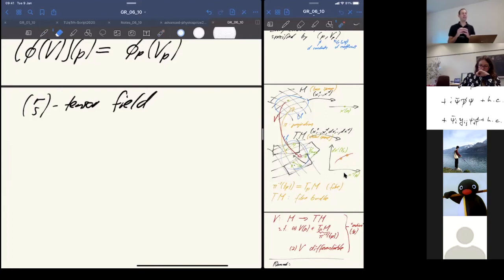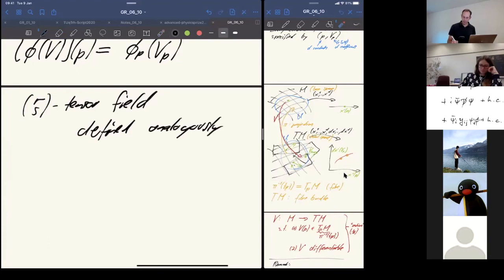Now a tensor field is intuitively just a tensor at any point in the manifold. But again, we should think of it as a function that takes a point in the manifold and outputs the tensor at this corresponding tangent space. So I write here just this is defined analogously, but we will come back to it.